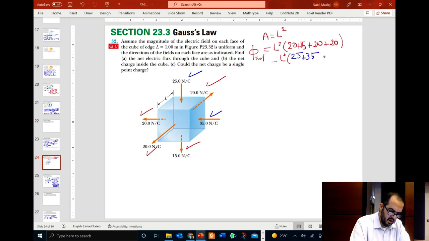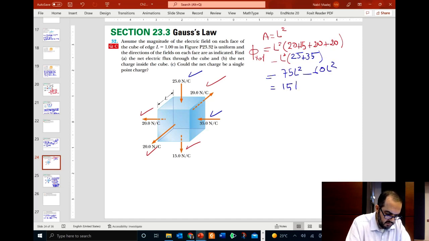We have checked all of them, so we can say 60 plus 15, that's 75 L squared, minus 25 plus 35, that's 60 L squared, so that is 15 L squared. Since L is equal to 1, this is going to be 15 newton meter squared per coulomb. So this is question A.